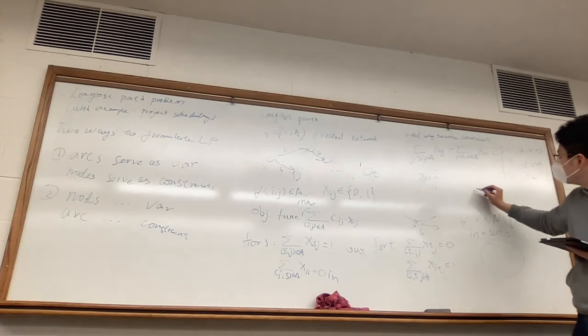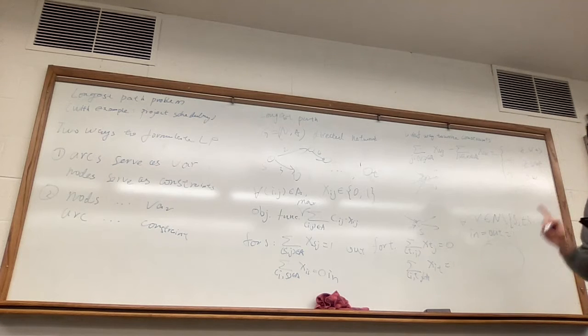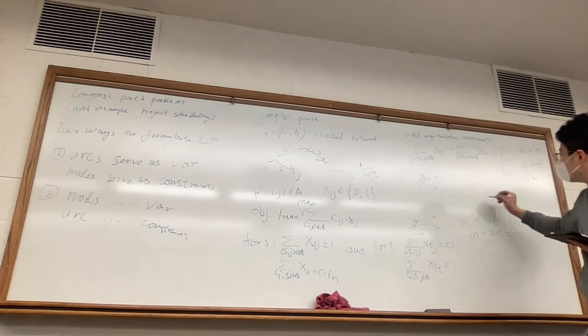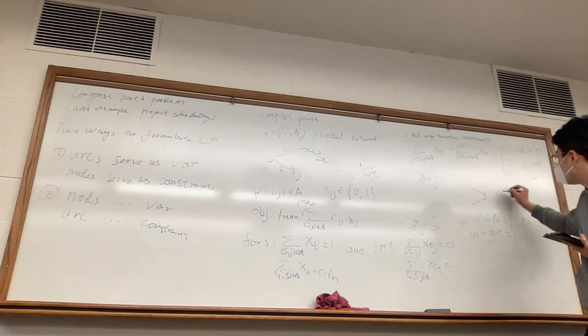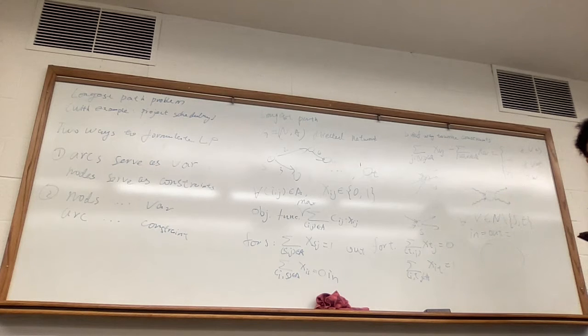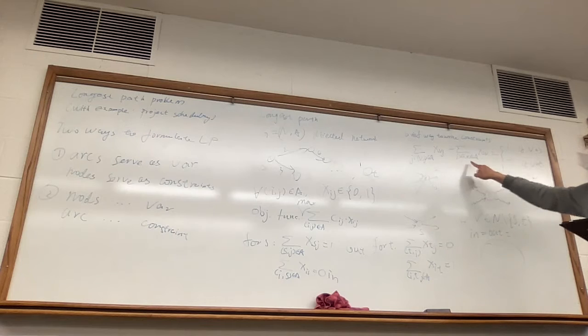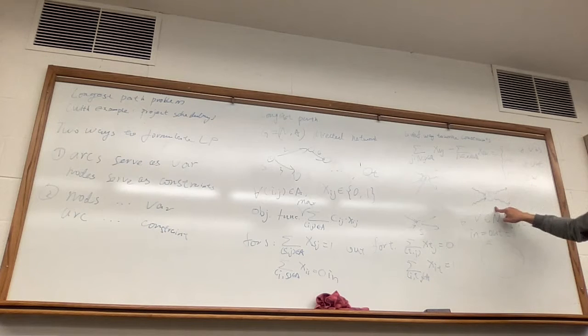So let's say for any intermediate node that is not S or T, suppose for this node there are two arcs that come in, and they are also selected, and two arcs coming out. Is this possible? So you see that this is some V that is neither S nor T, and the number of arcs that come in is 2, and the number of arcs coming out is 2. So the value is 0. But is this possible?